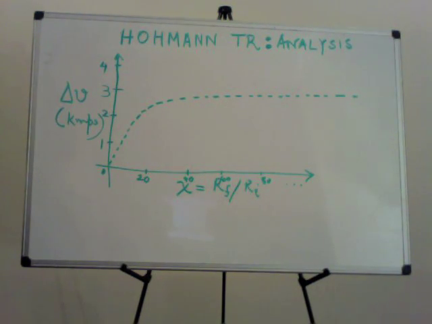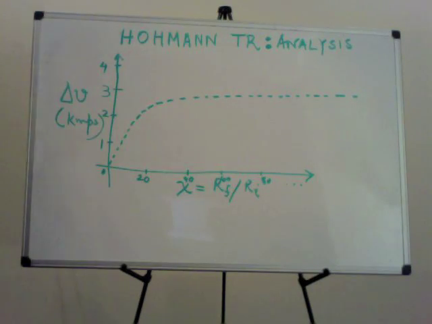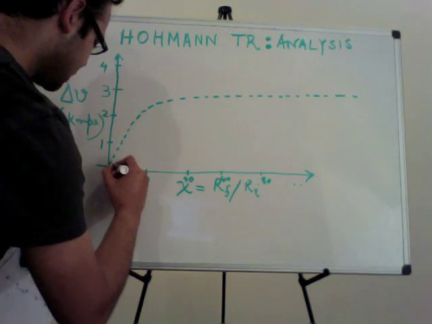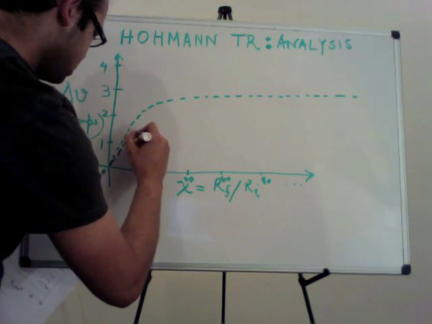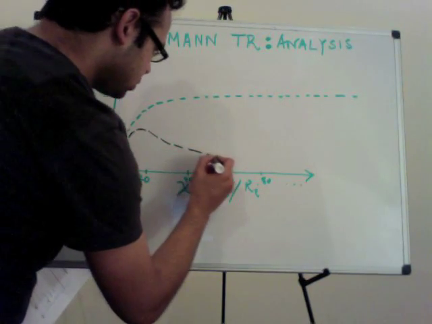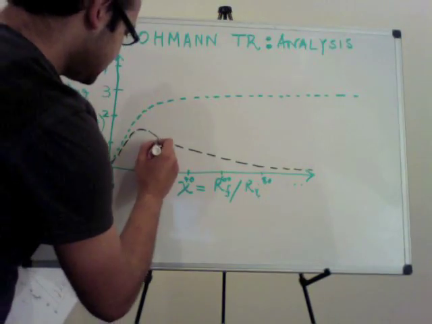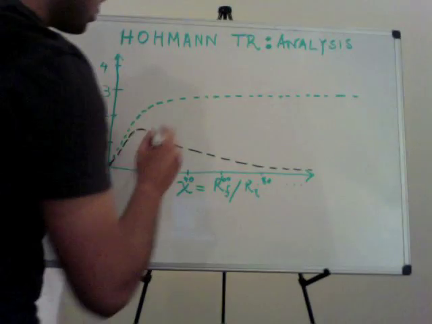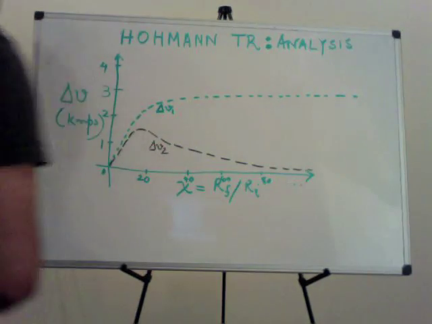Delta V2 shows a very different behavior. It increases initially, just like delta V1, but then it starts to fall down. So this is delta V2. You remember delta V2 is the circularization maneuver, and the green one is delta V1.